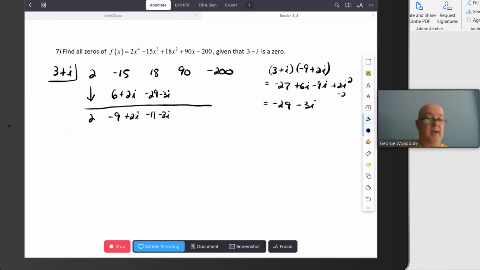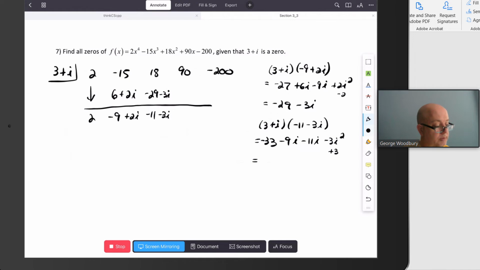I need to multiply again. 3 plus i times negative 11 minus 3i. Use that FOIL style multiplication again. 3 times negative 11 is negative 33. 3 times negative 3i is negative 9i. i times negative 11 is negative 11i. i times negative 3i is negative 3i squared. That's the same as negative 3 times negative 1, or really positive 3.